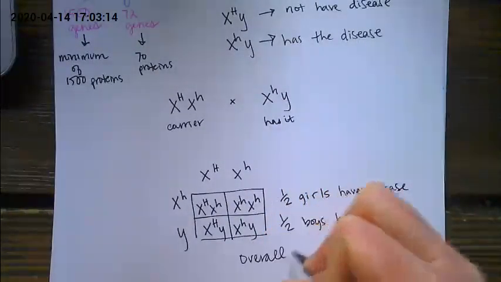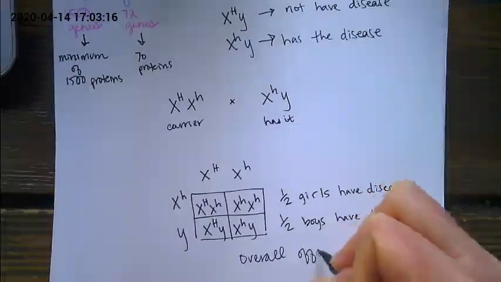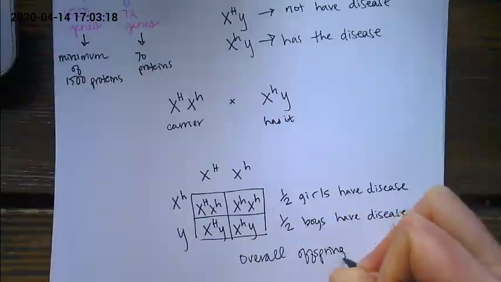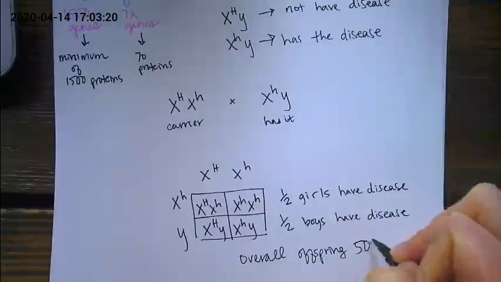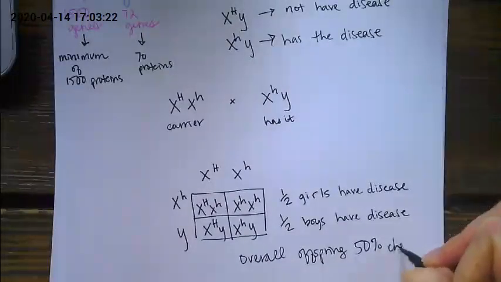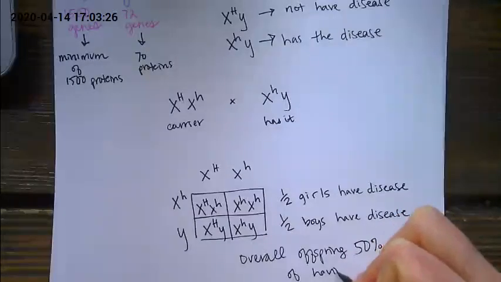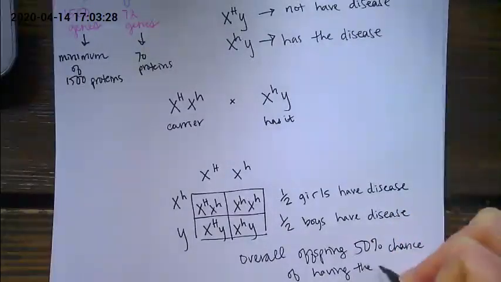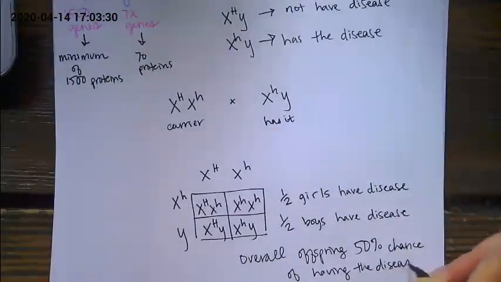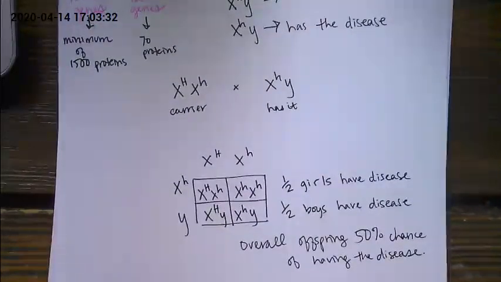Overall, their offspring have a 50% chance of having that disease.